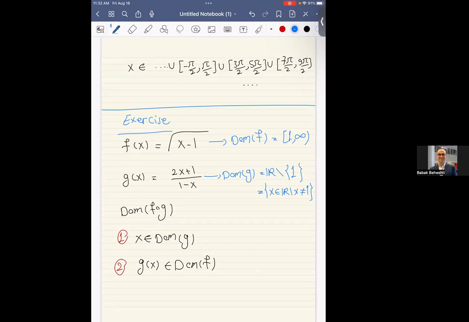So G of X must be, the second condition means G of X must be greater than or equal to 1, because the domain of F is all numbers greater than or equal to 1.